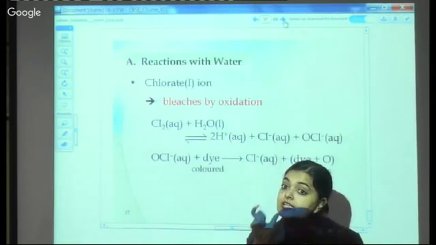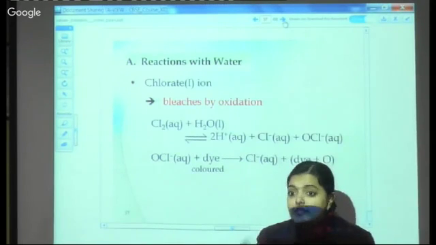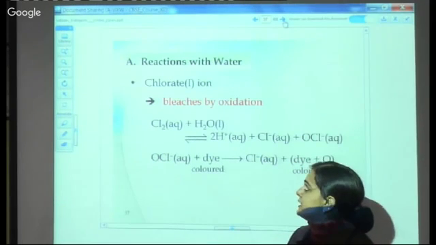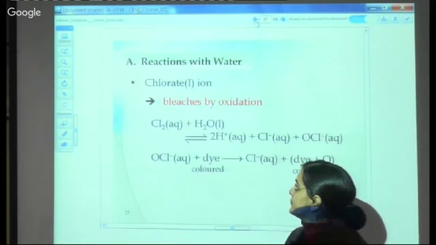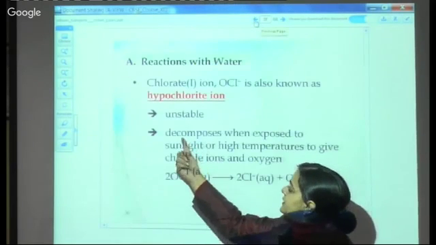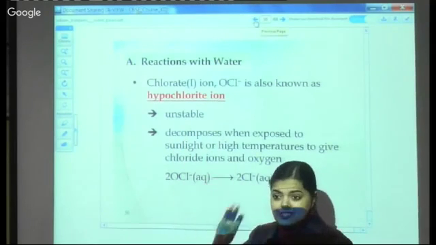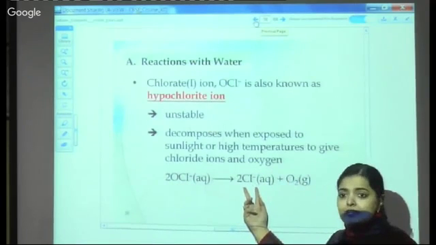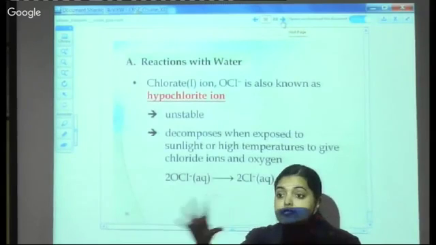But if it says on standing or under sunlight, what it gives, we have already seen that HOCl is very unstable. So under sunlight or high temperature, it gives HCl. In that condition, you should write only HCl.